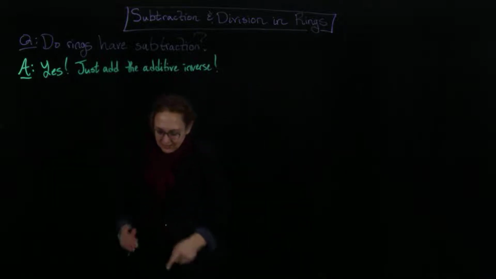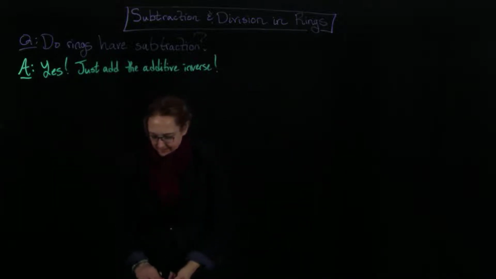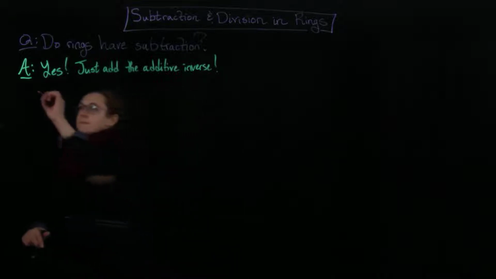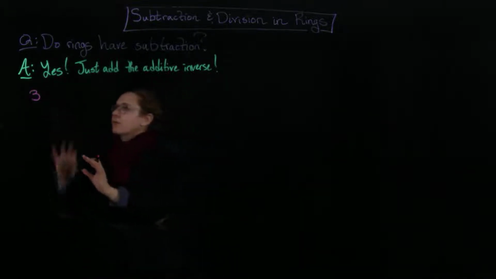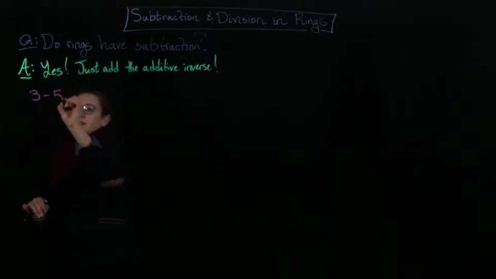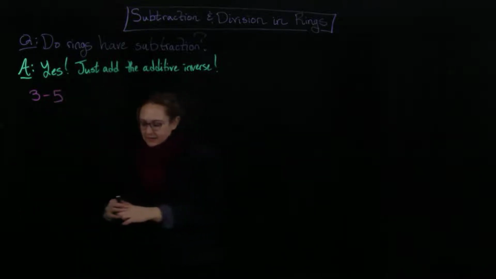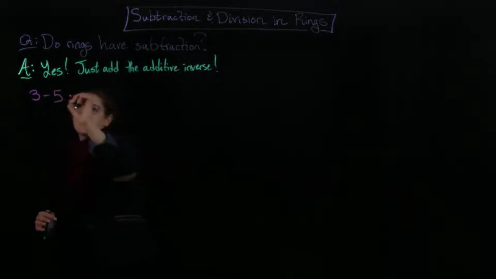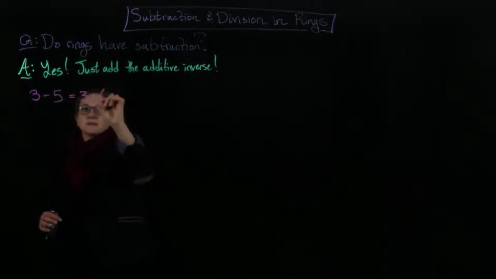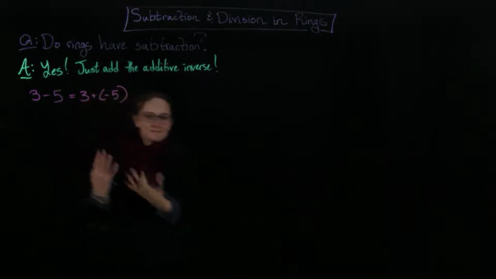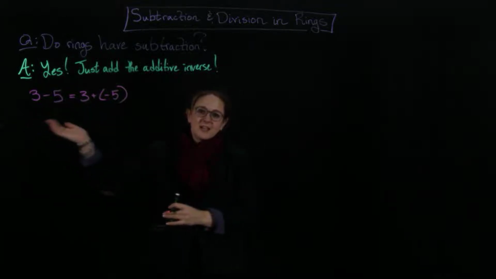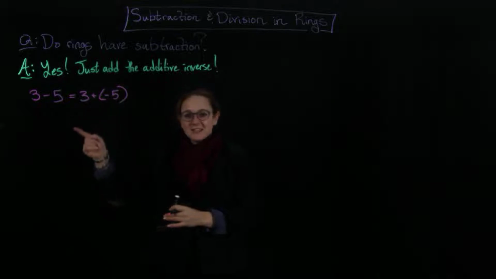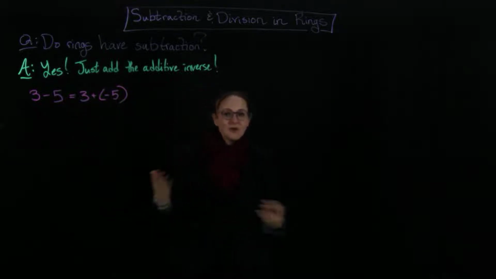So if I wanted to say 3 minus 5, that's the same thing as saying 3 plus minus 5. You don't usually write something like that, but in a ring you'd write it this way because then you're actually using what you know that you have.